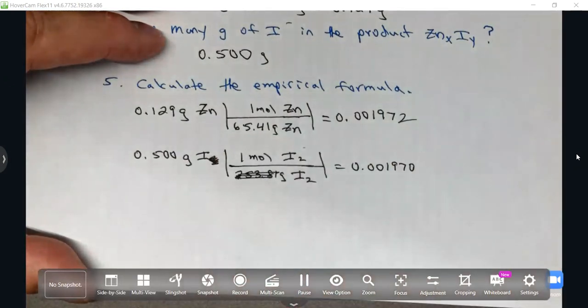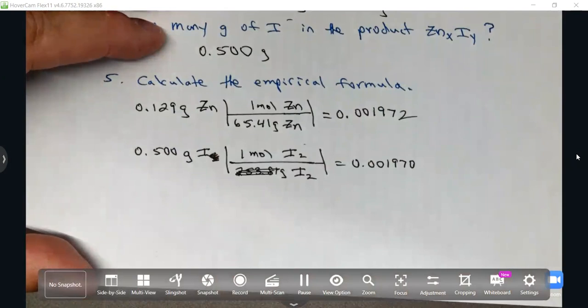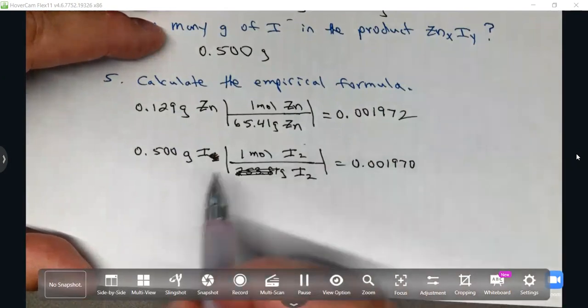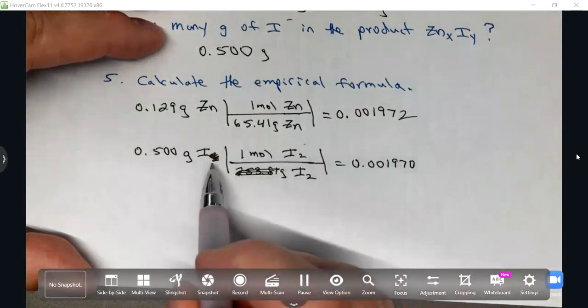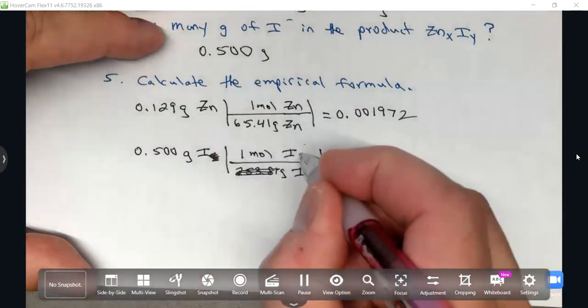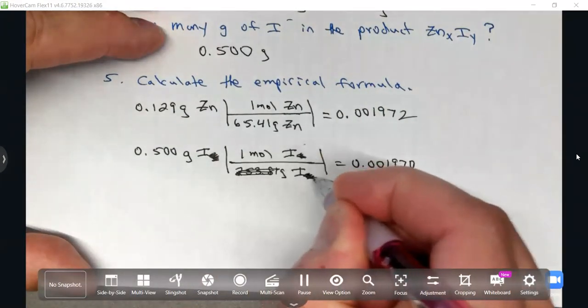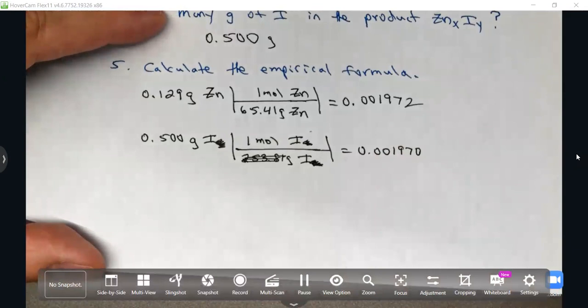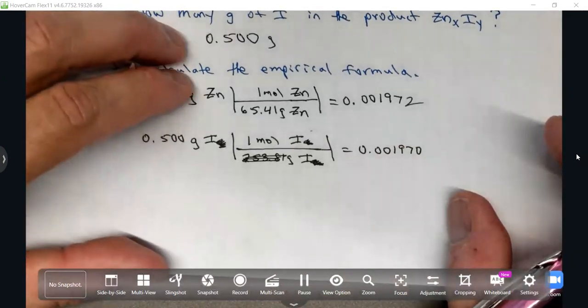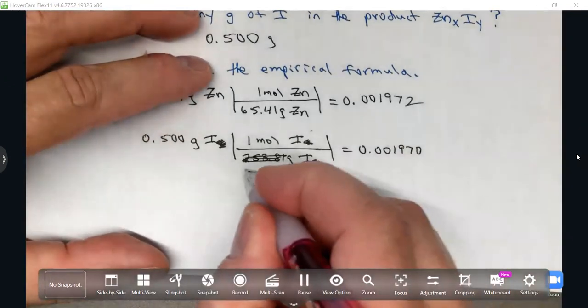Yes, this is just iodine in the product, not I2. It's 1 mole of I2, so that should be just 1 mole out of here, my bad. So that is 126.90.